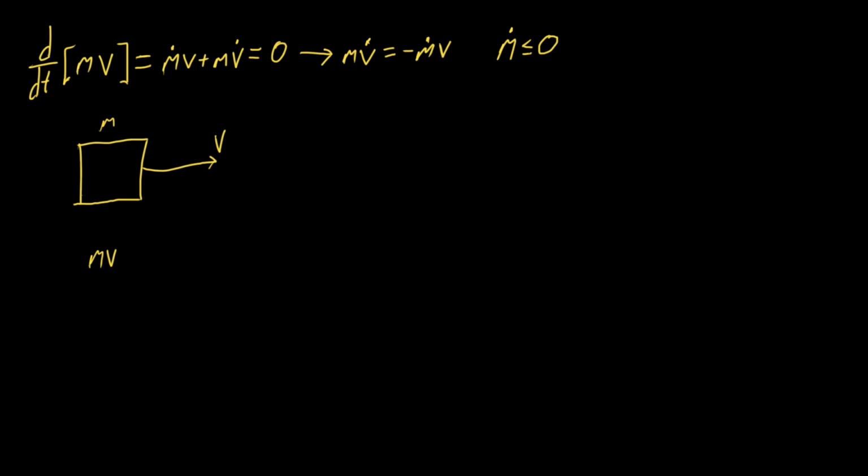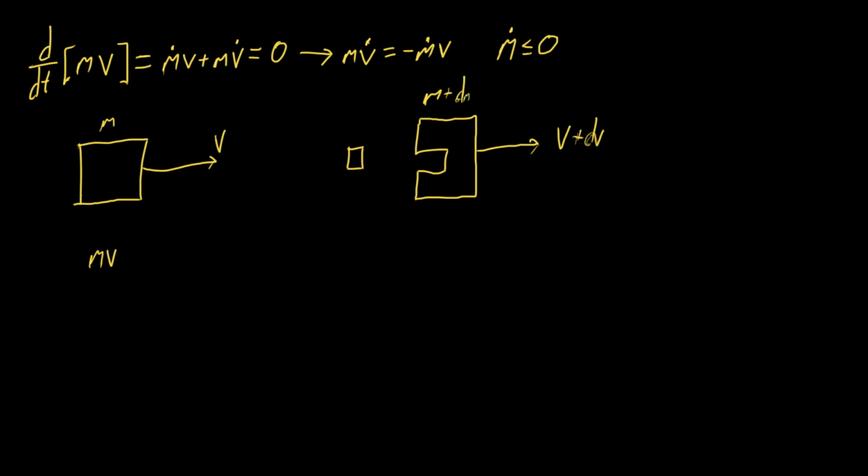And then let's consider it after. So let's say it threw out a little chunk of mass here, like this. Then it's going to be traveling at a new velocity, v plus some dv, some little change in velocity. And then the mass is going to change by a little bit as well, and it's going to be m plus dm.